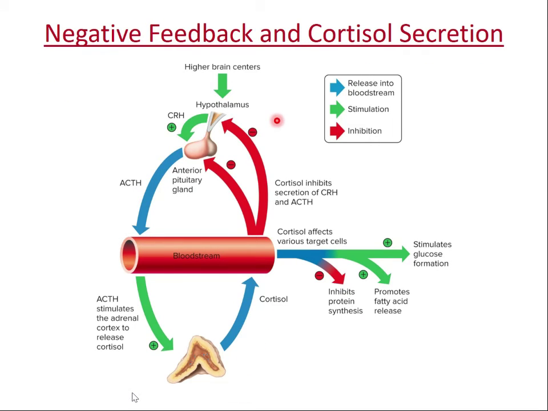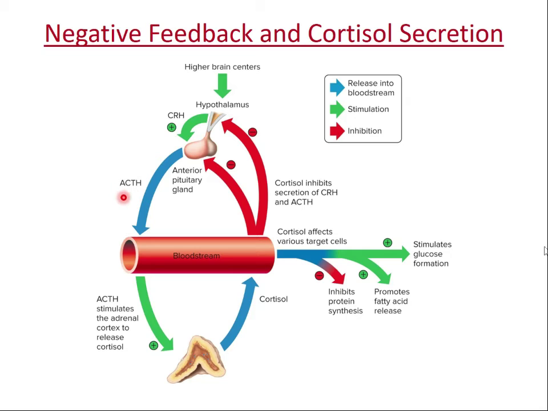So looking at the function of the adrenal gland, it is also under the control of the hypothalamus and the anterior pituitary. The hypothalamus will produce a corticotropin-releasing hormone that will stimulate the anterior pituitary to produce ACTH, the adrenocorticotropic hormone.